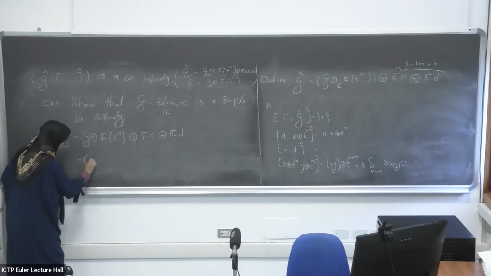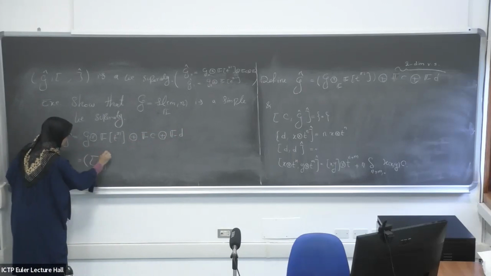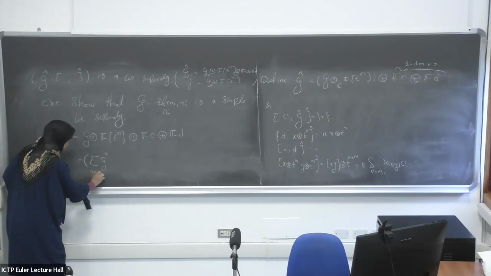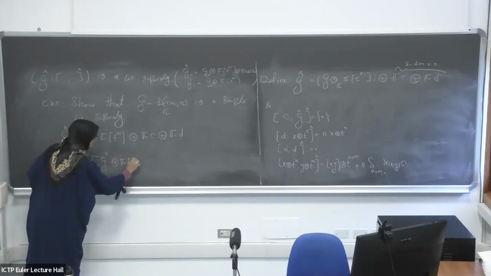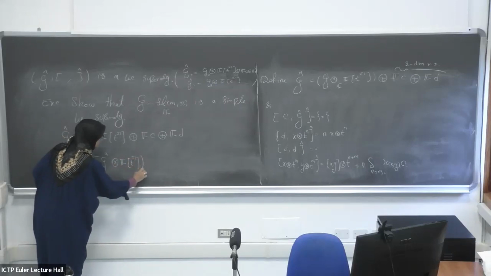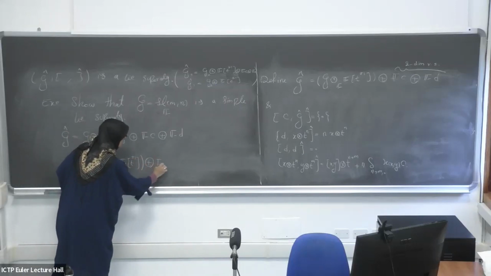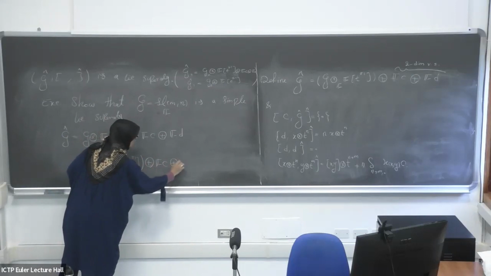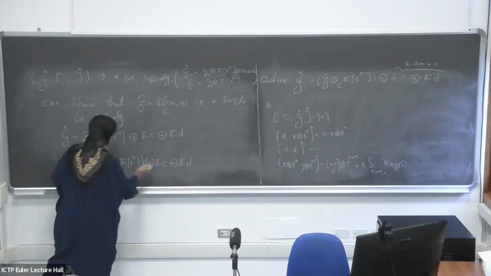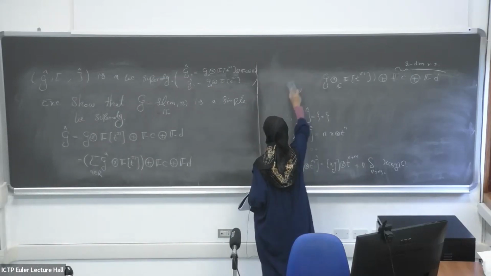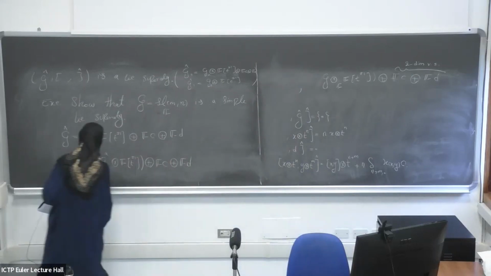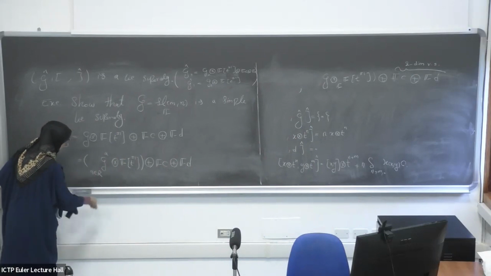So we have here the summation of G alpha, where alpha is an element of R, tensor FT plus minus 1, direct sum FC, direct sum FD. So I can write it in this way, and maybe it's better to write it as a direct sum.